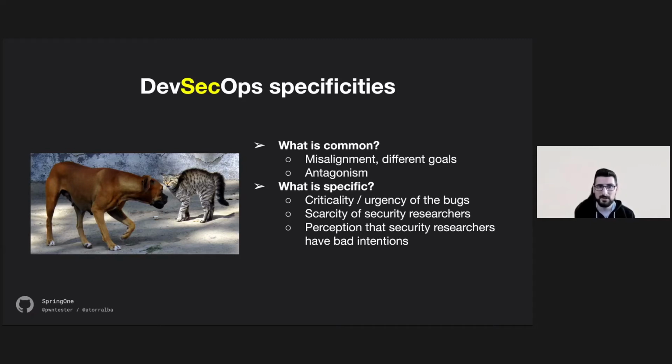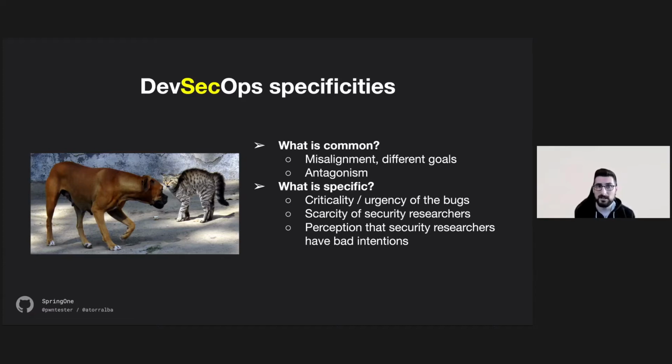This means that security issues need to be fixed with more urgency. And this also means that developers usually need to work late, extra hours, or even over the weekend, which of course causes friction and people get angry.